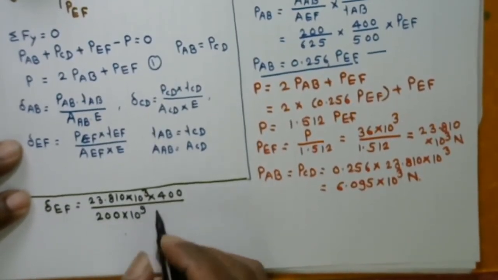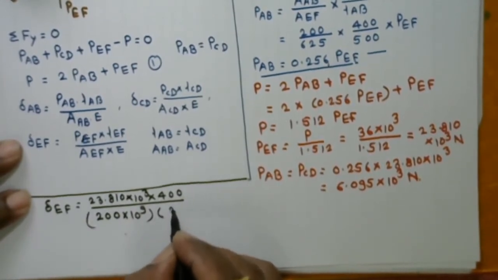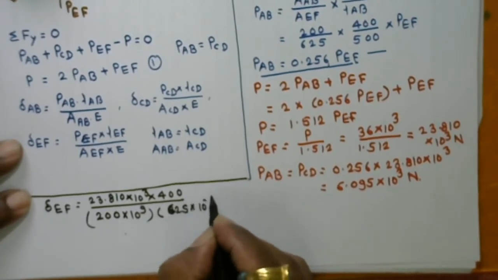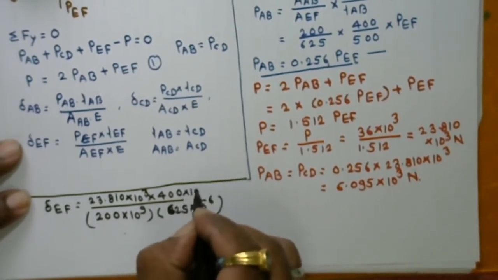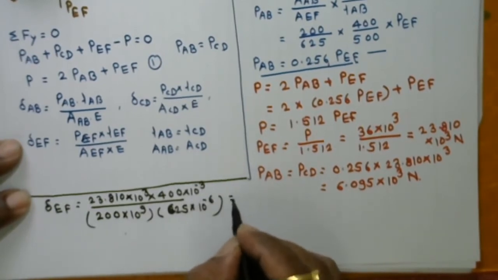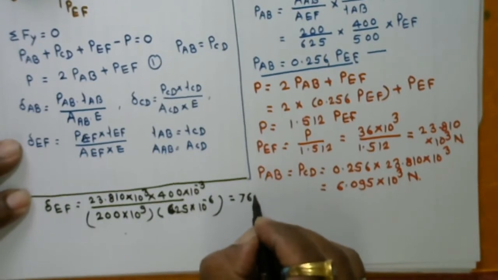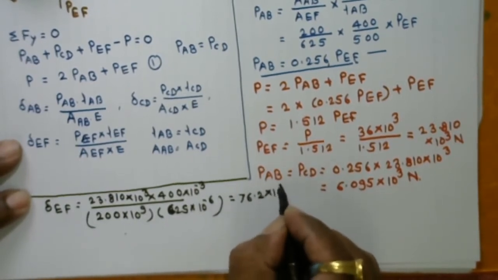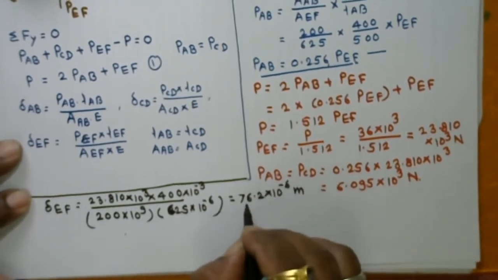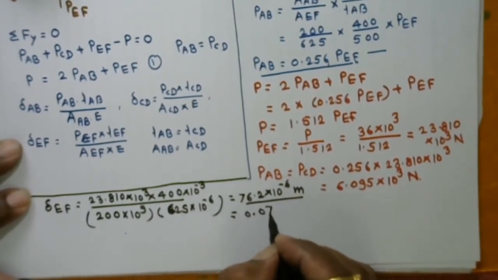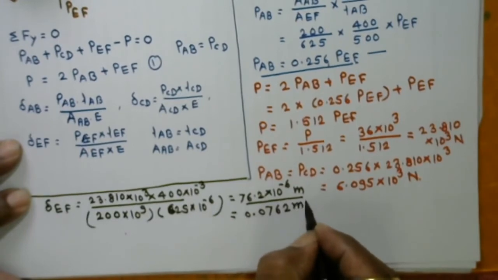I am converting into meter, so you have to also convert into meter. So you will get that answer in meter, and that is 76.2 into 10 raised to minus 6 meter, or you may convert into mm, 0.0762 mm.